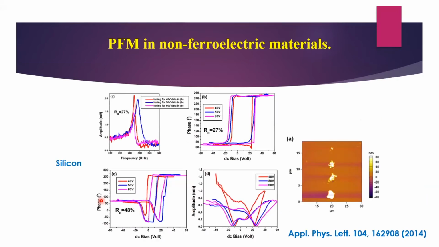Another experiment was made in silicon, and we can see the hysteresis loops obtained in this material. However, when they scanned the area where they carried out these measurements, they detected that there is a deformation of the silicon.